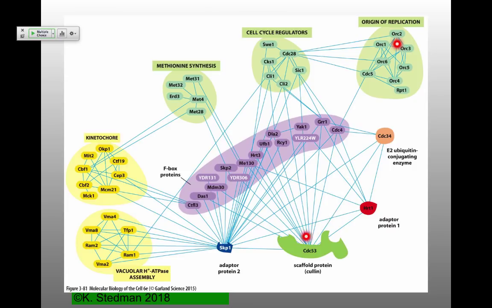And so just looking at interactions, and again, these are separate kinds of experiments that you can do, to see how these proteins are interacting with each other, it gives you an idea of how the function is taking place.